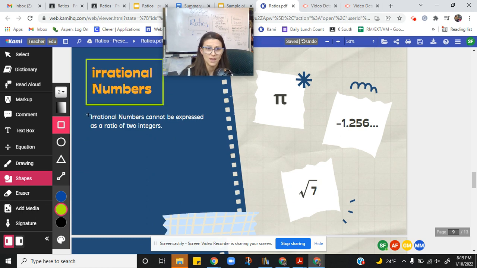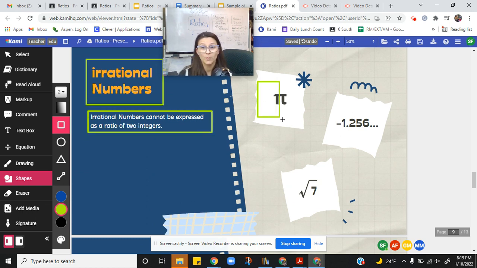Irrational numbers cannot be expressed as the ratio of two integers. So pi is a transcendental number. It's an irrational number. It never repeats and it never terminates, never ends. An irrational number is any decimal that doesn't have repetition or an end.